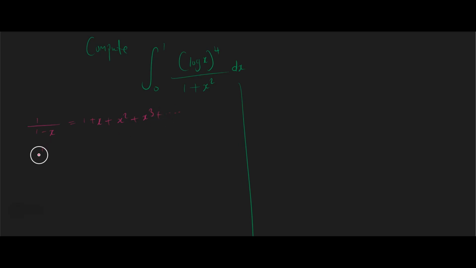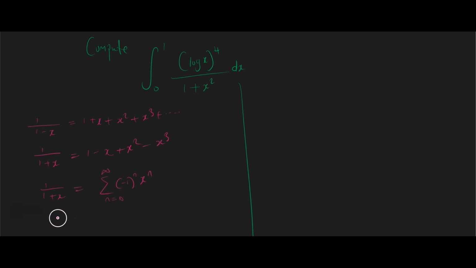Which means that 1 over 1 plus x should be 1 minus x plus x squared minus x to the third. And therefore 1 over 1 plus x, we can write as the sum of negative 1 to the n x to the n, as n runs from 0 up until infinity.